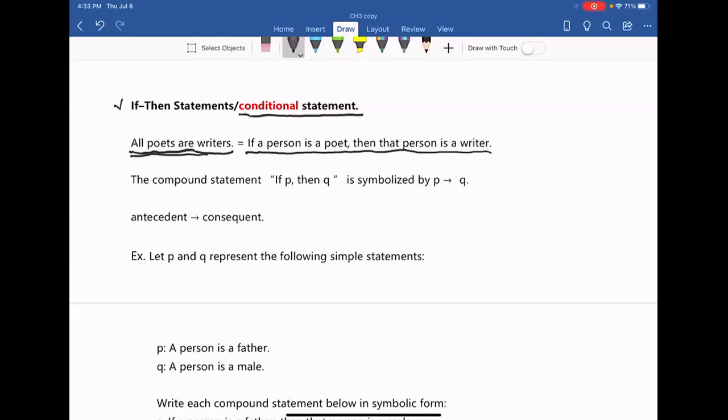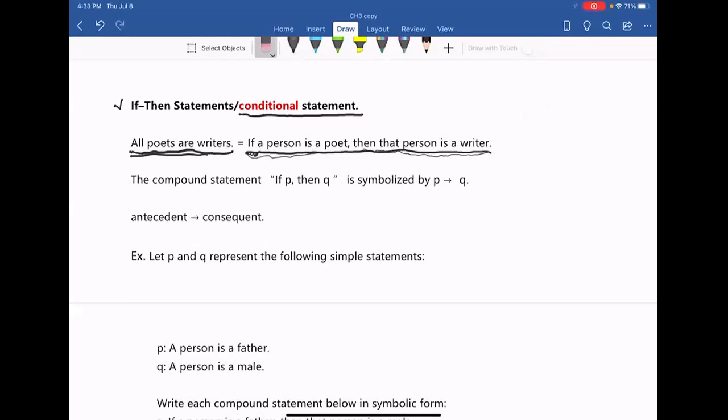If I draw a set, all the poets are here and the writers are here. So all the poets are writers for sure. So I can also express it as an if-then statement: if a person is a poet, then that person is a writer for sure.